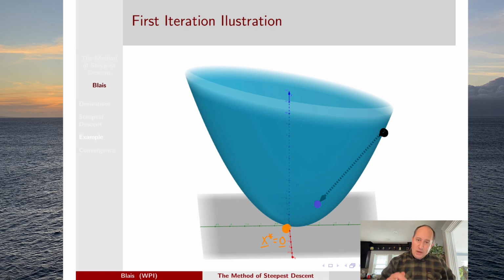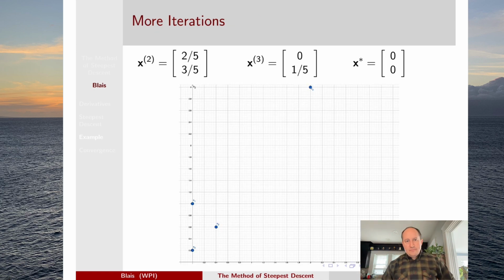So that is the point that we want to be converging to. Let's look a little bit more generally if we were to do a few more iterations. If we did a second iteration of steepest descent, we would go to the point (2/5, 3/5). A third iteration gets us to (0, 1/5). And here we're just reminding ourselves that the global minimizer does in fact occur at the origin.